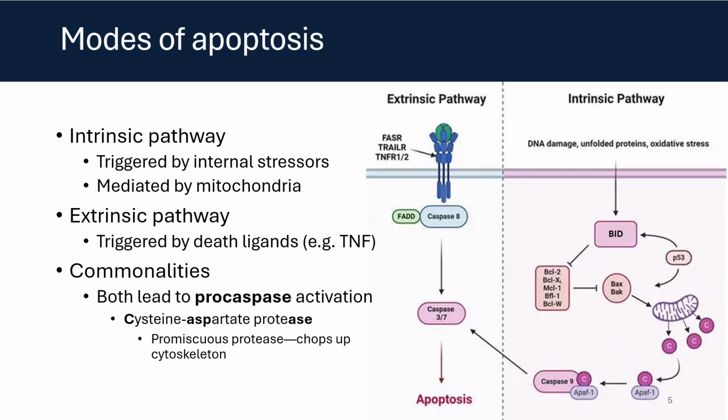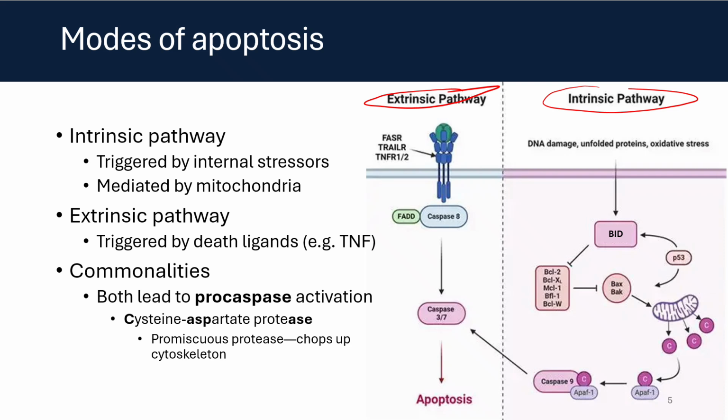There are two ways in theory to initiate apoptosis: the intrinsic pathway and the extrinsic pathway. My goal is to just discuss these in broad strokes for now. We will be going through these both in more detail in the slides to come.